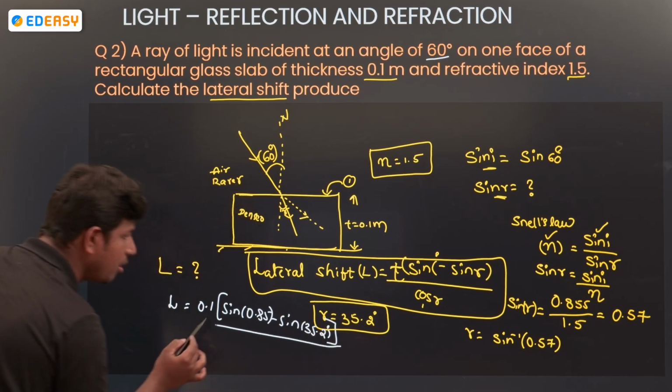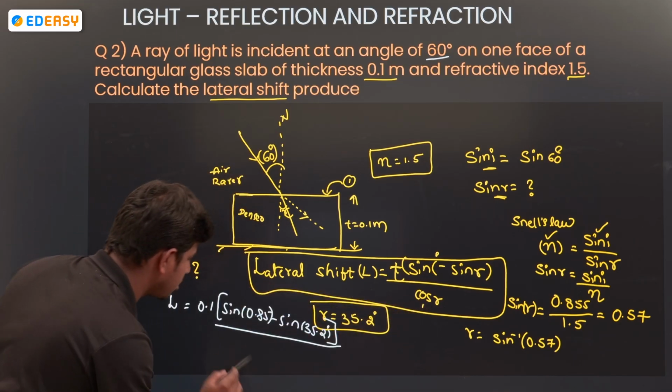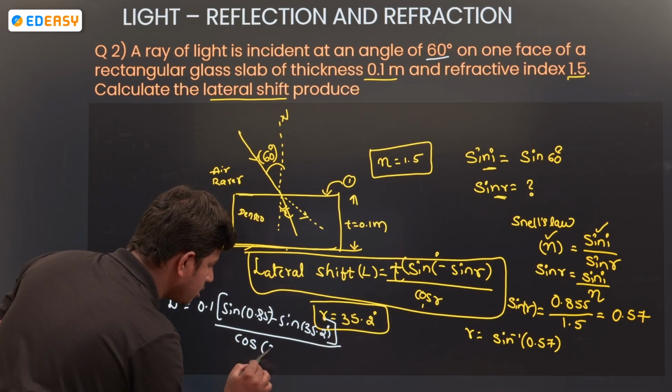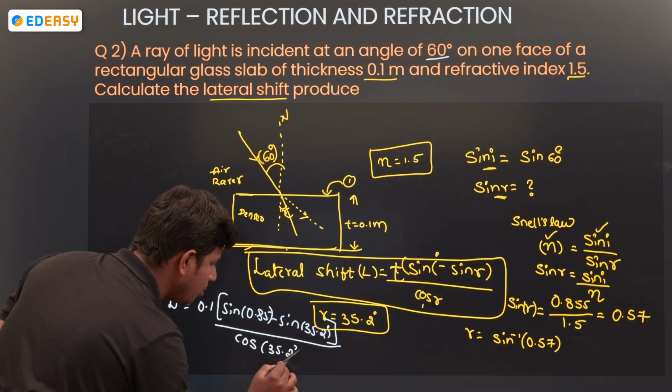Okay, what is the formula? Divided by cos r, R value cos of 35.2 degrees.